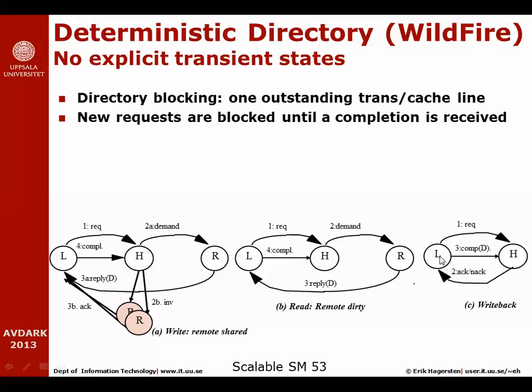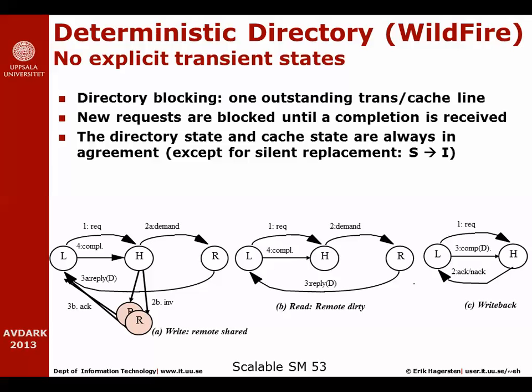The data will only be sent to the home node after the home node has requested that data. So the data will actually stay in the local node until the home says it's okay for this write-back to start. This has a very interesting property, and that's why it's called the deterministic directory.